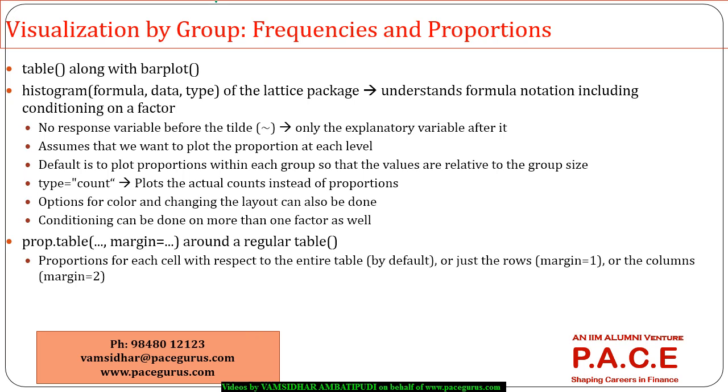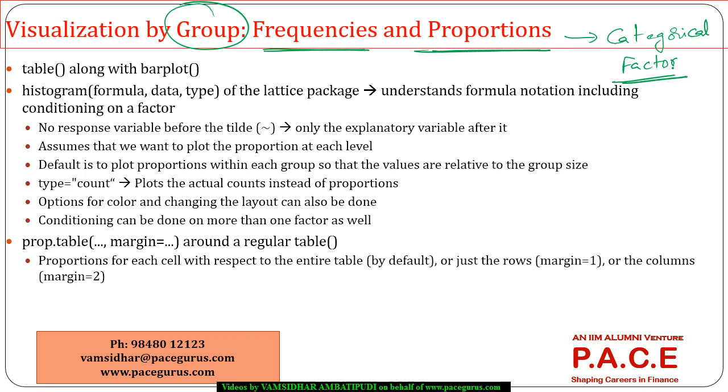Then I am moving towards creating some kind of visualizations by group, wherein my focus is on frequencies as well as proportions, which means my focus is on categorical data, which is otherwise treated as factor in R. So this is primarily on the factor variables.